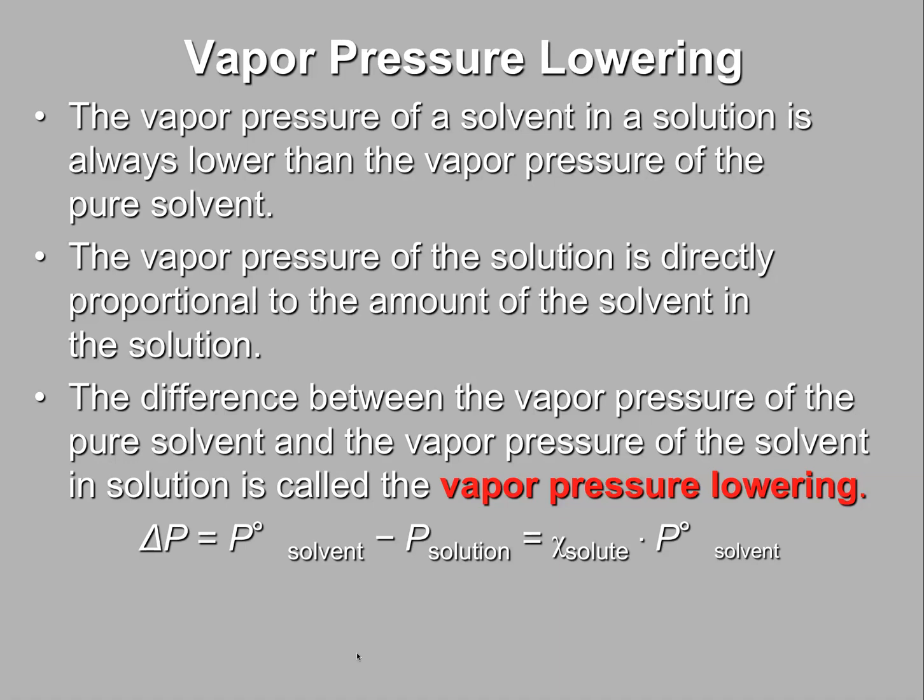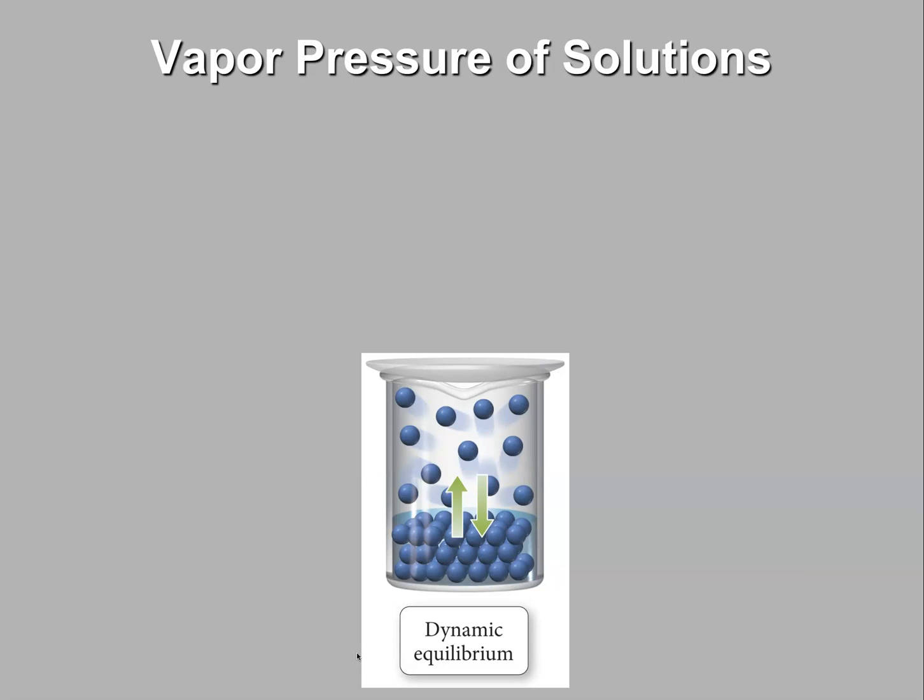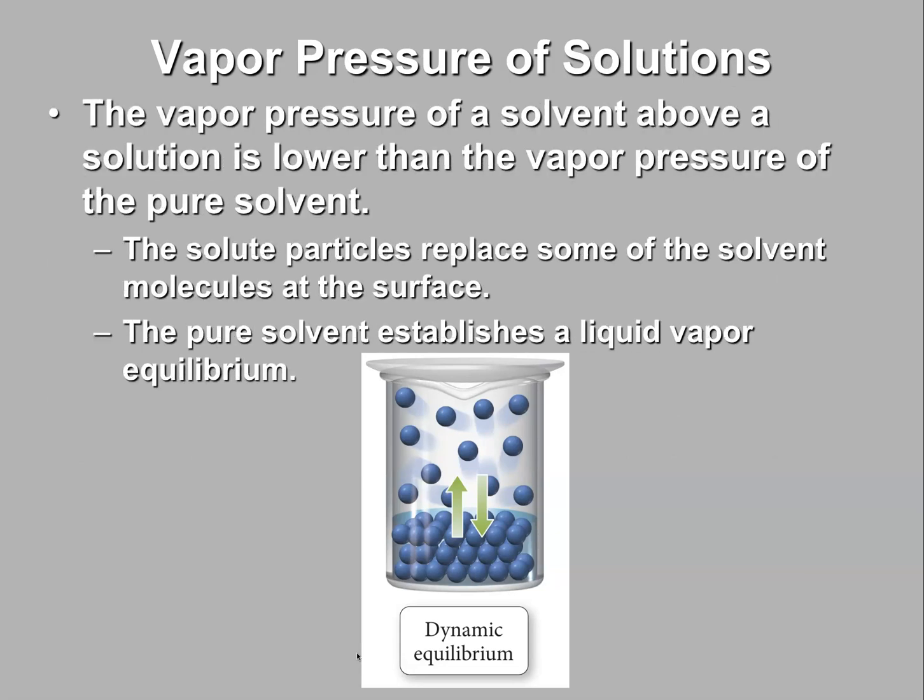Questions? Okay. So some diagrams, lovely diagrams. We love our diagrams. So the vapor pressure of a solvent above the solution is lower than the vapor pressure of the pure solvent. Again, we've said that before. We know an equilibrium exists between the solution or solvent, and right above that liquid is your vapor pressure.